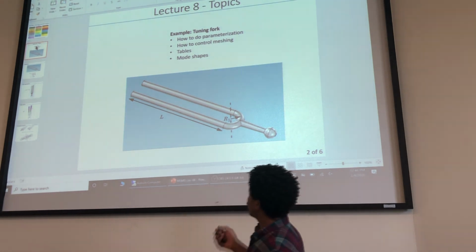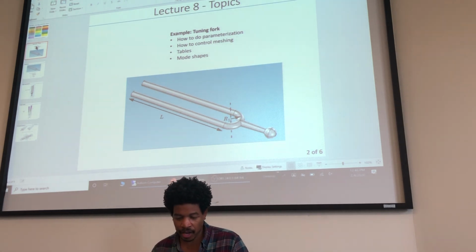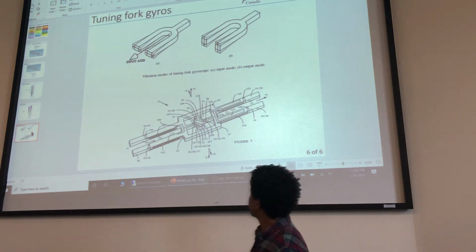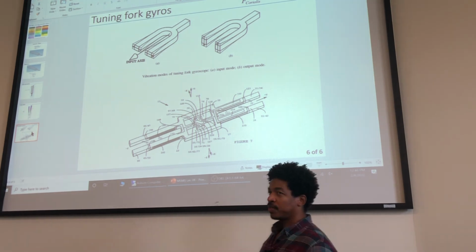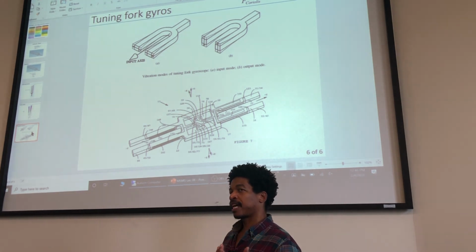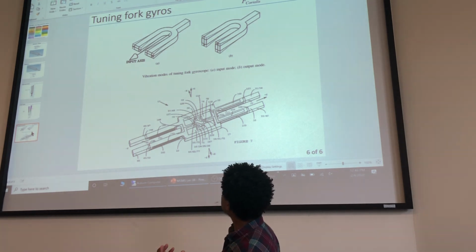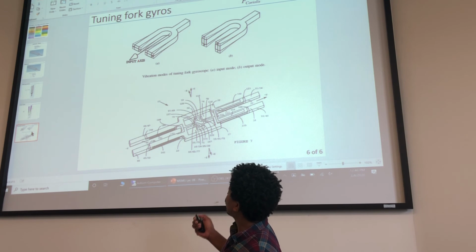A lot of people use that to tune instruments, and it's also used for gyros. This is an interesting use. They're actually using a tuning fork that's the size of a micro device, MEMS-size devices, and they get this thing vibrating back and forth like this.